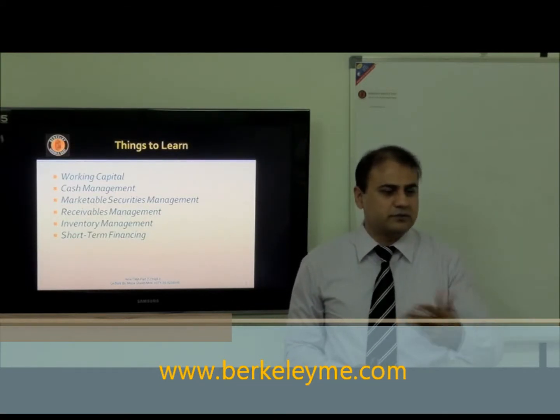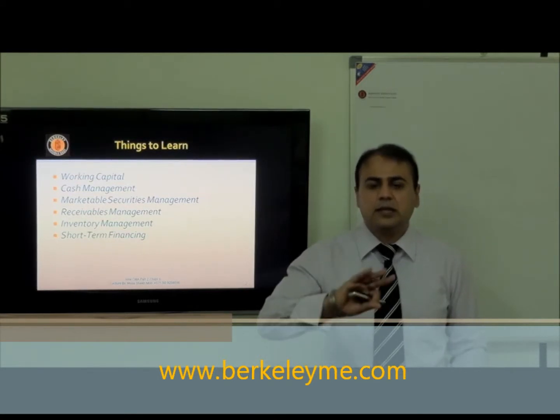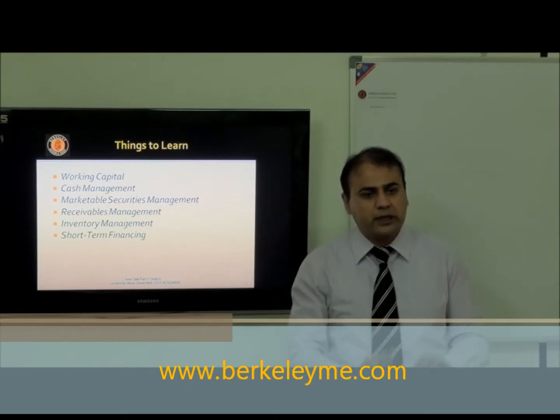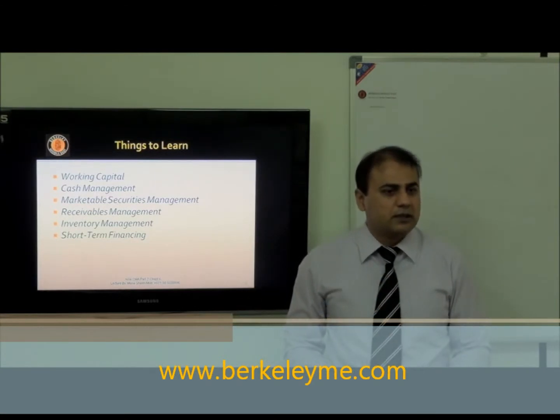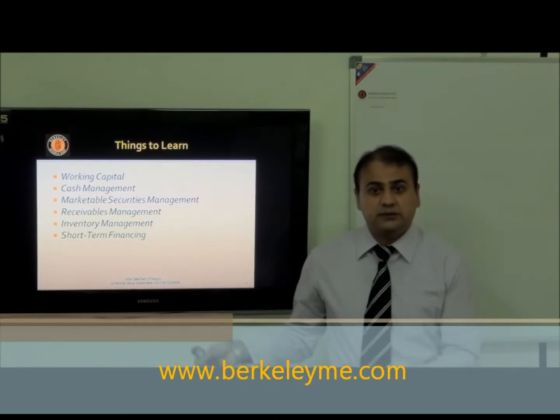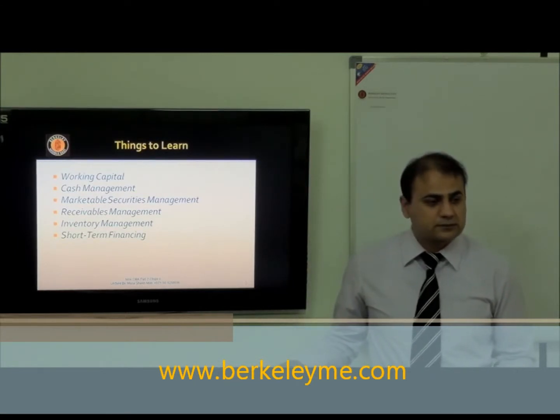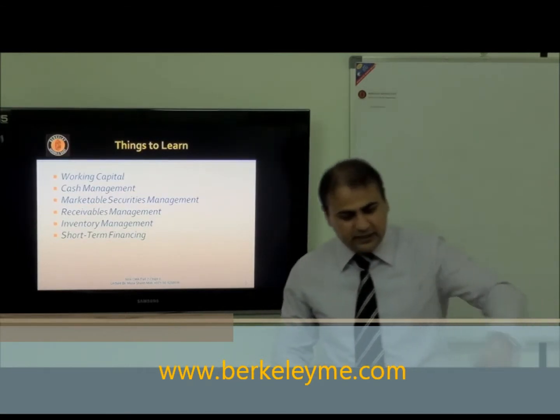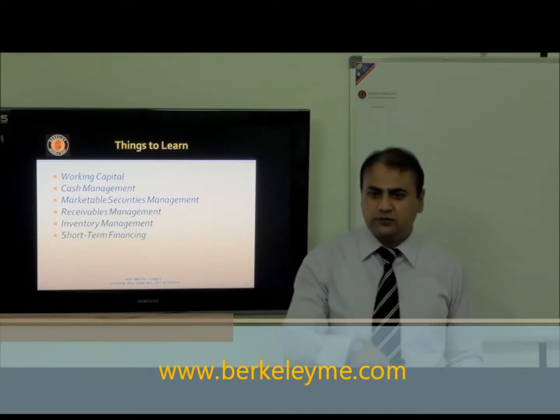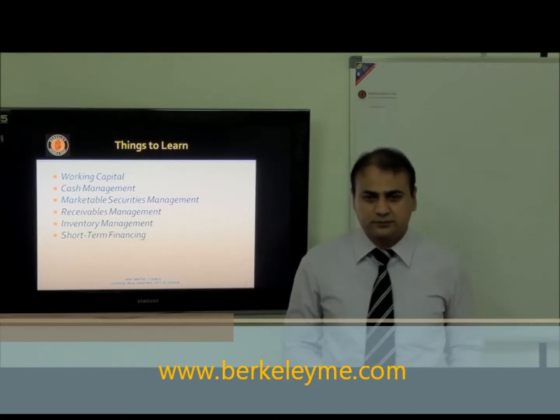These are three sources of cash. Then cash will go out for supplier payments, for interest payments, and for dividends. So this is the cycle of inflow and outflow that we have to manage.